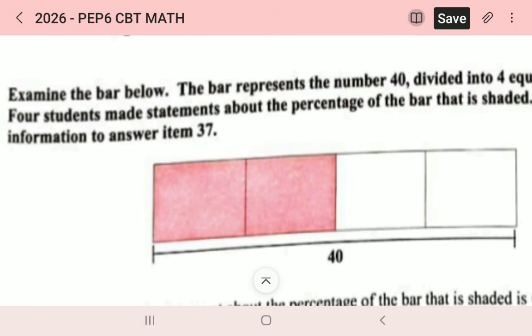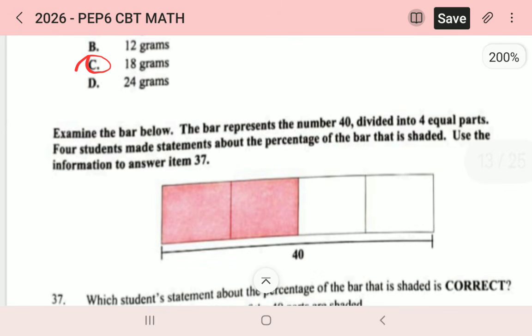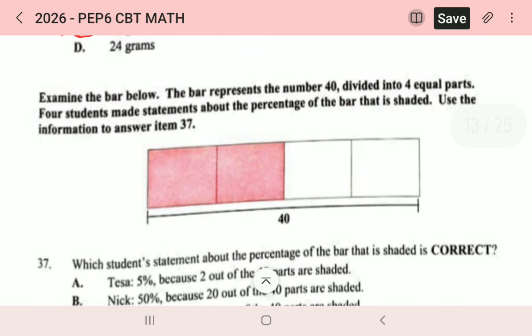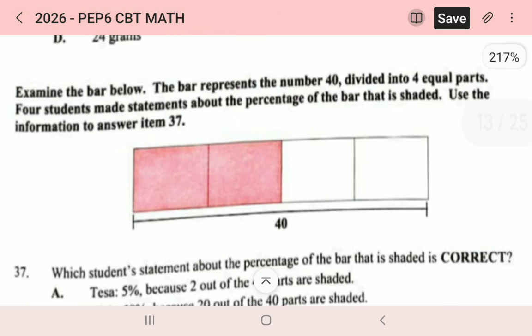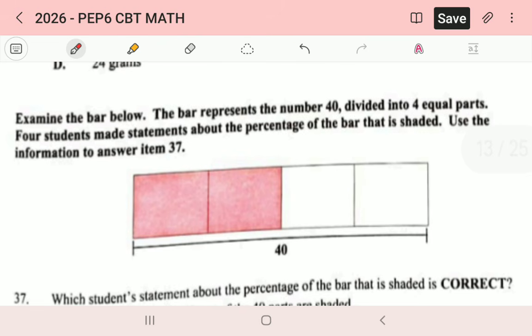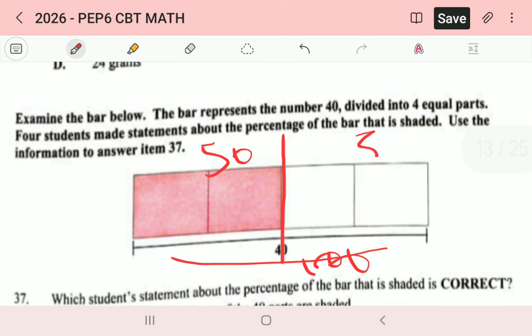All right, examine the bar below. The bar represents the number 40, divided into 4 equal parts. 4 students made statements about the percentage of the bar that is shaded. Use the information to answer item 37. So if 40 is the full 100%, it means that if this is shaded over here, it's going to be 50 shaded, 50 unshaded.